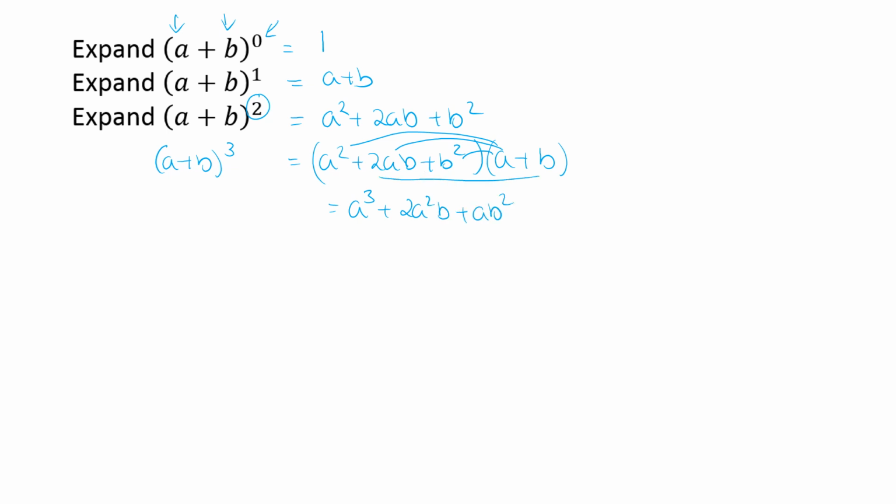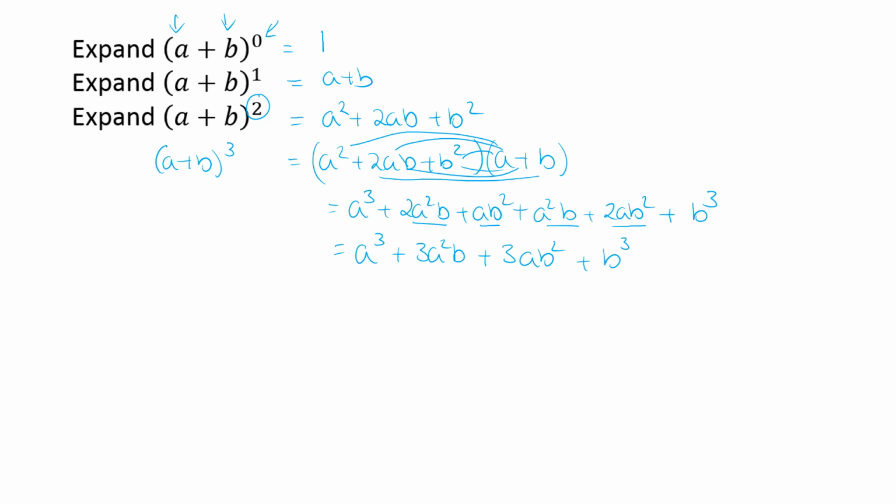Then multiplying through by the b, we're going to get a²b + 2ab² + b³. So we need to tidy up to get our 4 terms. We're going to have a³ plus 2a²b and another one, so 3a²b, plus ab² plus another 2ab², which is 3ab², plus the b³.